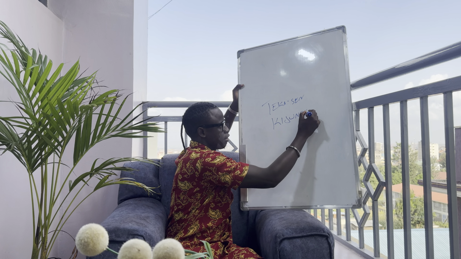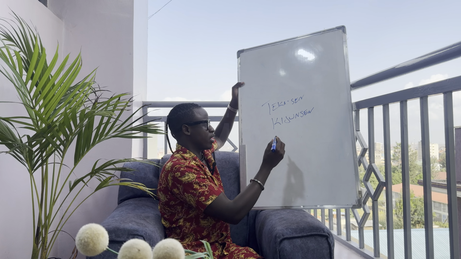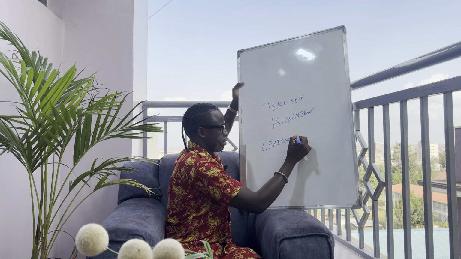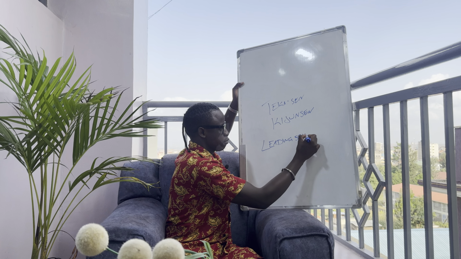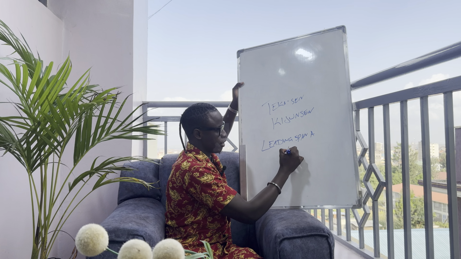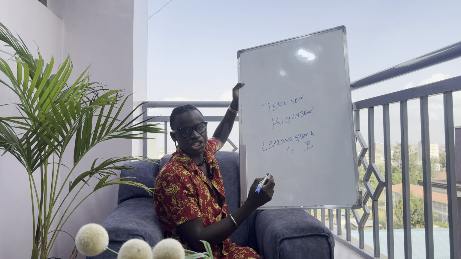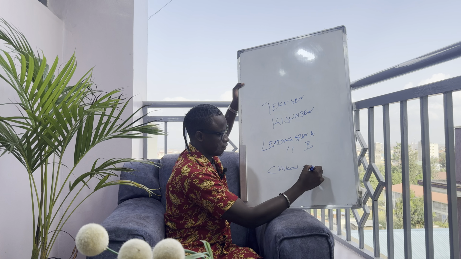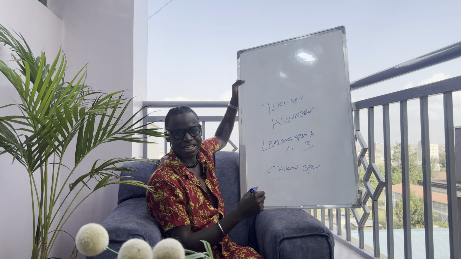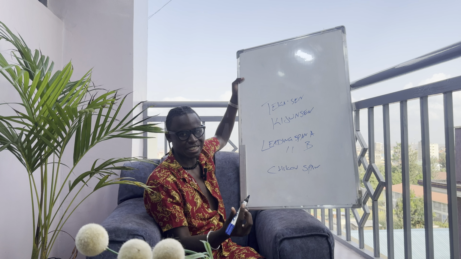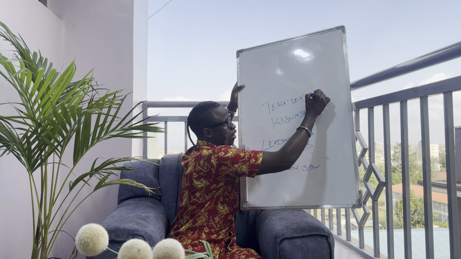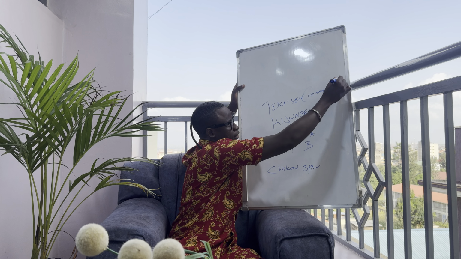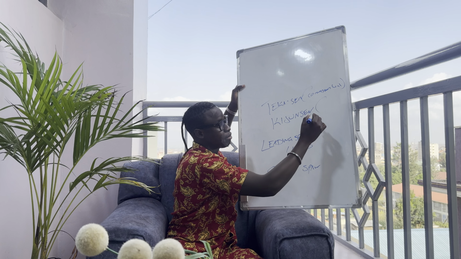We have leading span A, and we have leading span B. And we also have Chikou span. Tenkan-sen is also known as the conversion line, and Kijun-sen is known as the baseline.